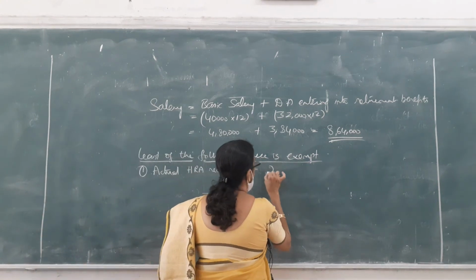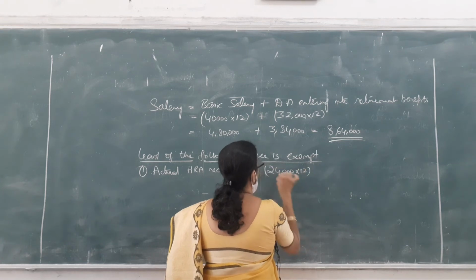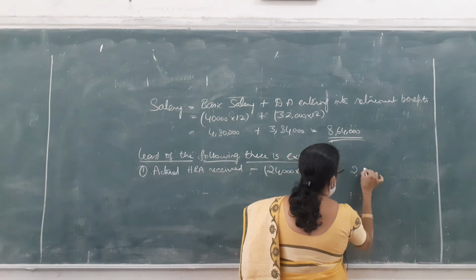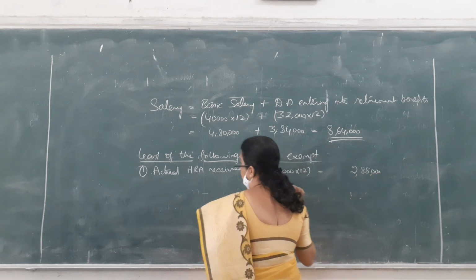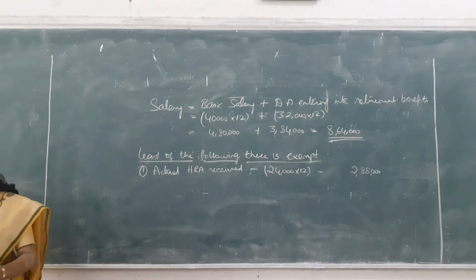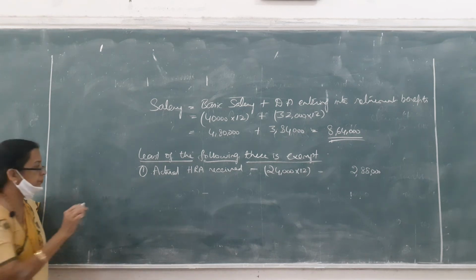How much? 24,000 into 12, that is 2,88,000. Actual HRA received is 2,88,000.